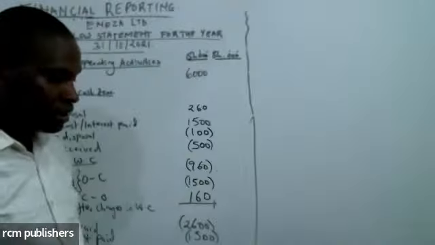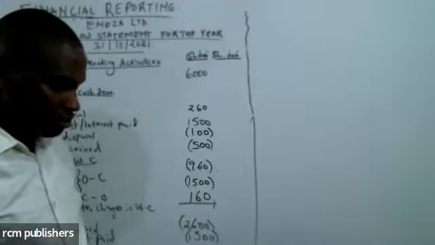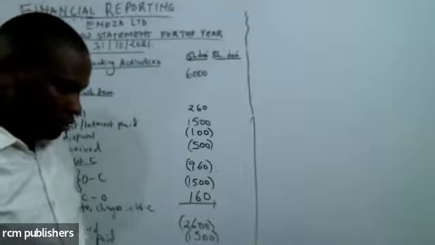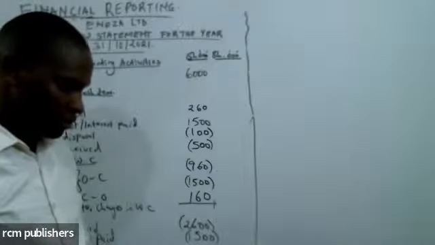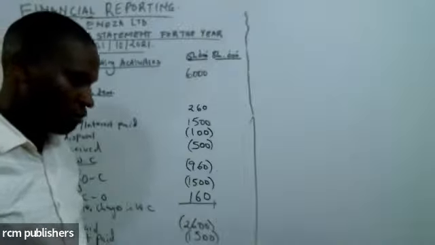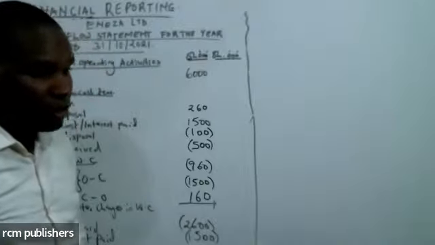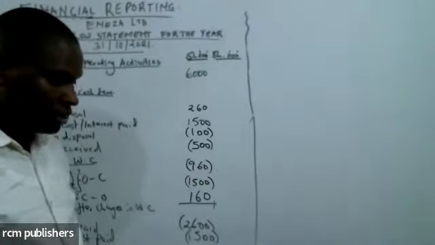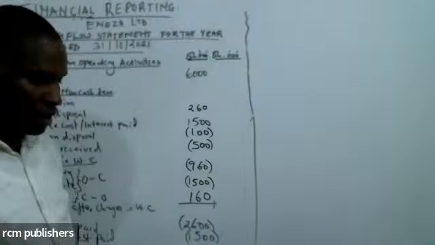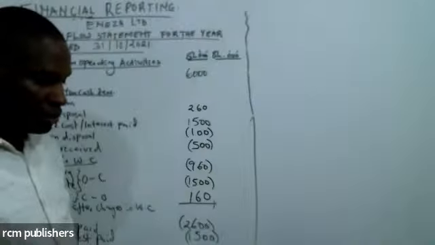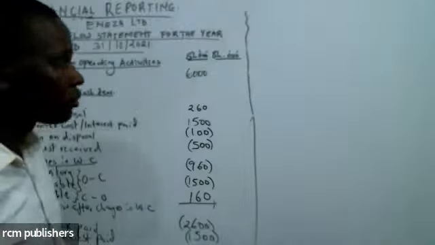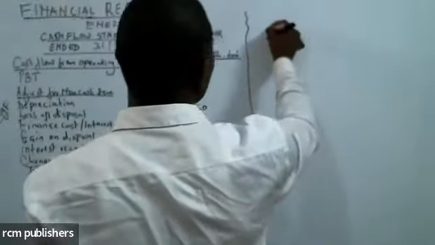I've been given both the cost and the net book value. And then I've been given accumulated depreciation as well. And there was a disposal here.